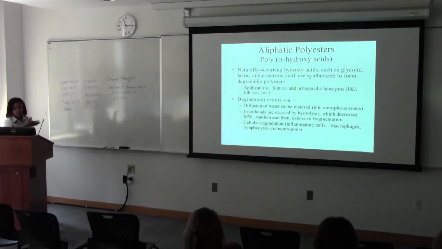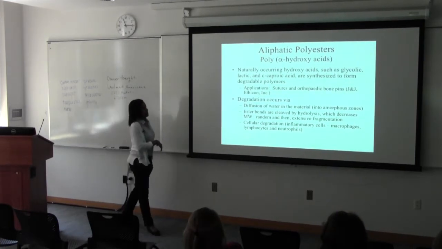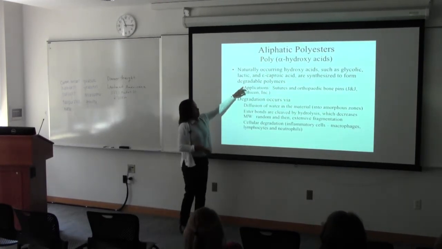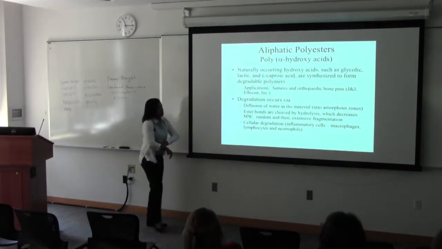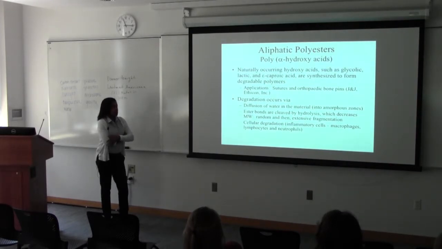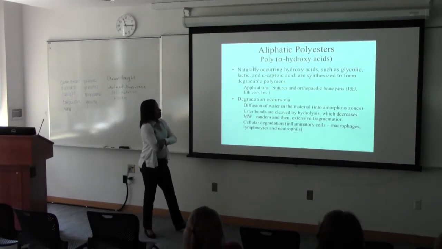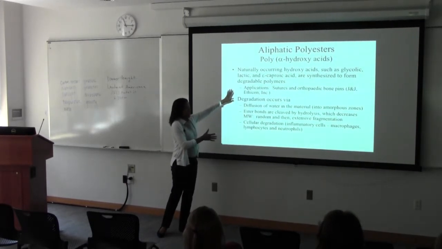Okay, so the number one class of polymers out there are these aliphatic polyesters, or polyalpha hydroxy acids. So the glycolic, lactic, and caproic acid polymers that are formed from them. Those have been on the market for quite some time. They're sutures. Originally, they were used as bone pins. So we have a very good understanding of their properties and how to process them.